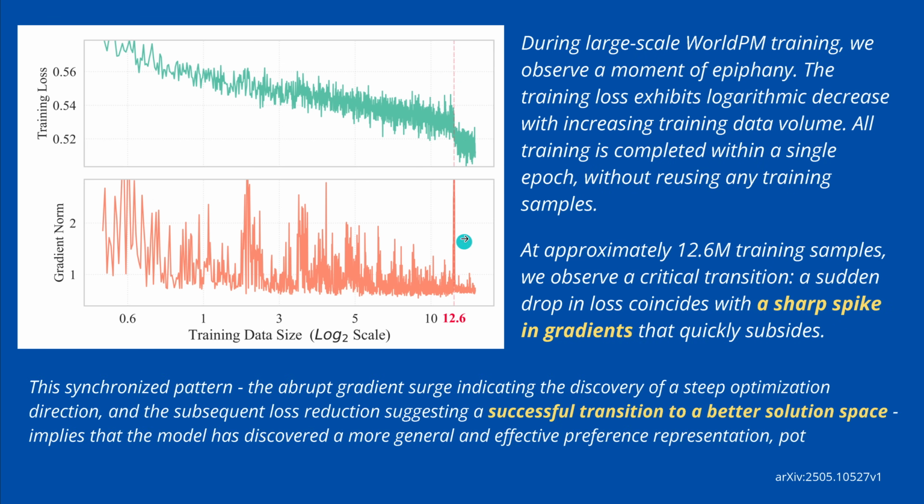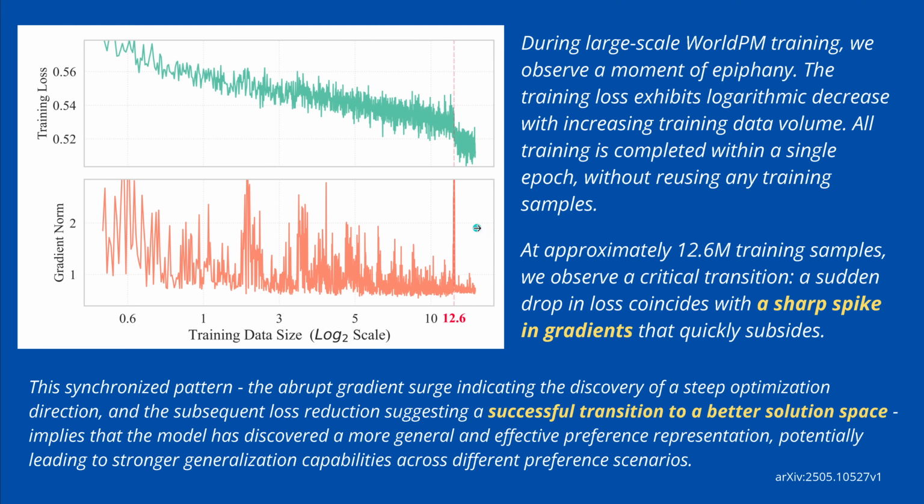And they have now an interpretation of what happened in the training here. And they say, we think that this is a successful transition to a better solution space configuration. So this means that the model has discovered a more general and effective preference representation, an internal representation. It kind of optimized itself here, potentially leading to stronger generalization capabilities across different preference scenarios.